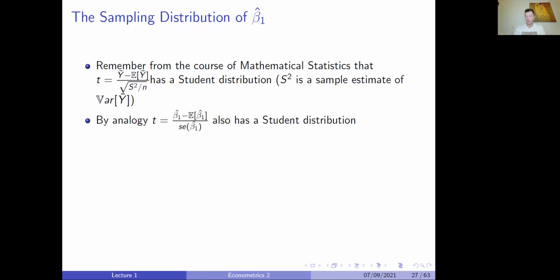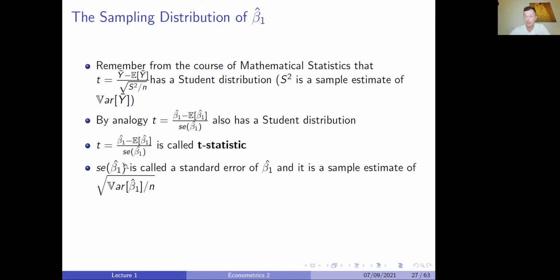By analogy, beta 1 hat has the same property. We can establish this t value for beta 1 hat, and it looks like this. In the denominator, you have something called a standard error. So first of all, this is a t-statistic. It has a Student distribution.